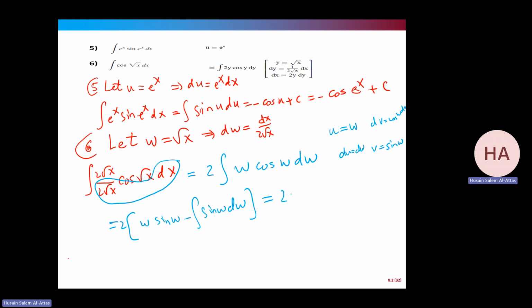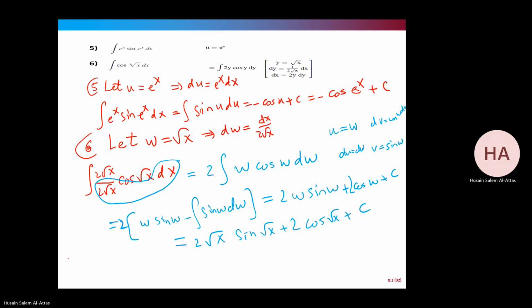It will be 2 w sine w plus cosine w plus c. I retain w equal square root of x, so sine square root of x, and don't forget the 2, because 2 is times everything, plus 2 cosine square root of x plus c. Okay.